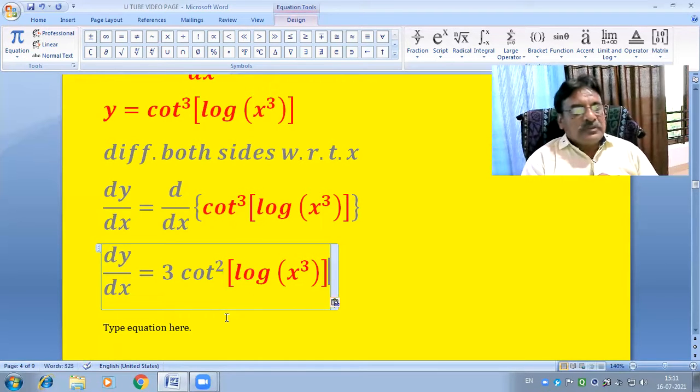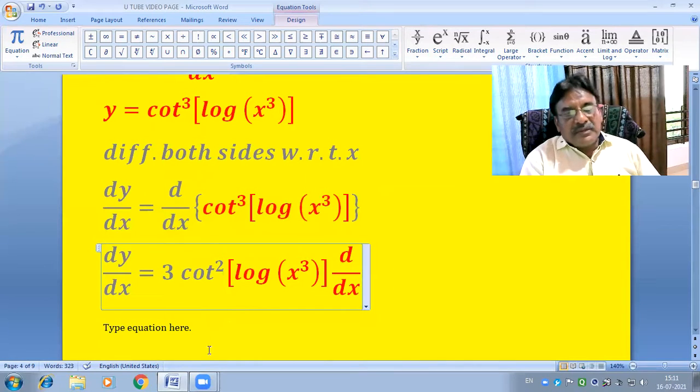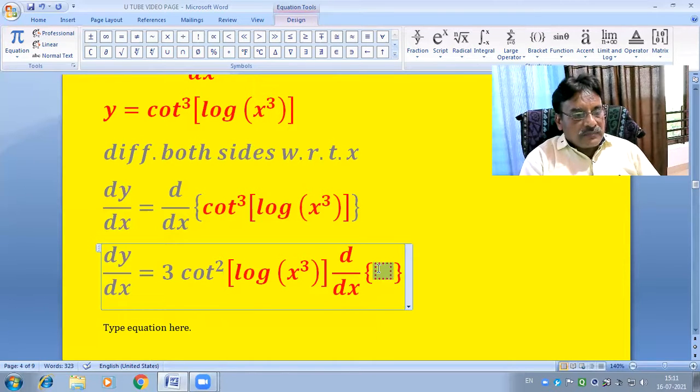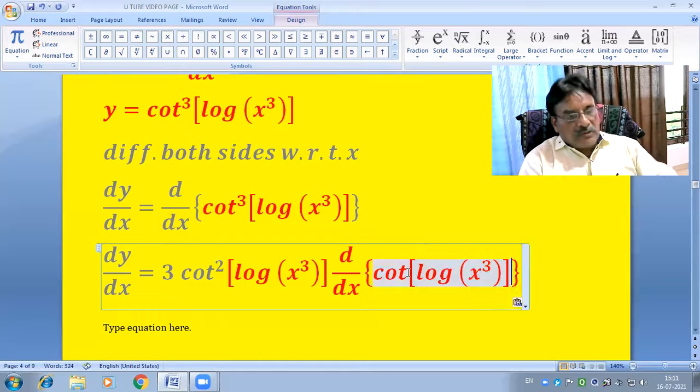So 3 cot square log x cube into d/dx of cot of log x cube, because f(x) is replaced by cot of log x cube.